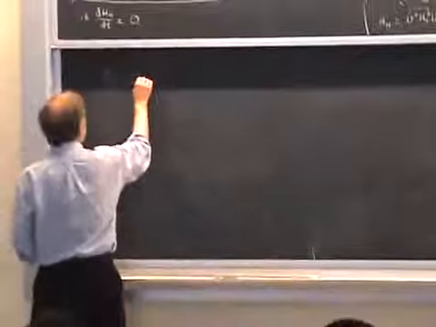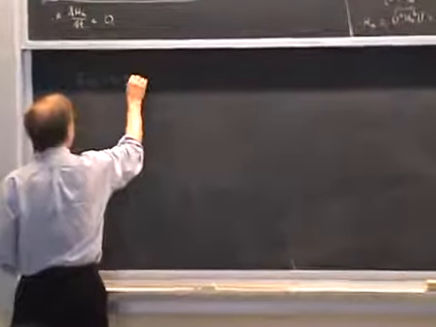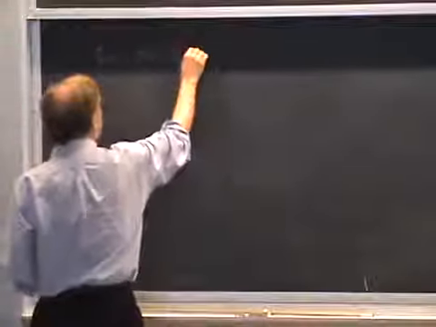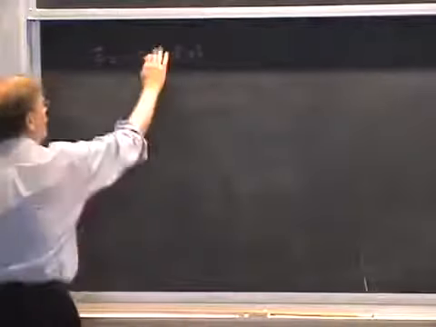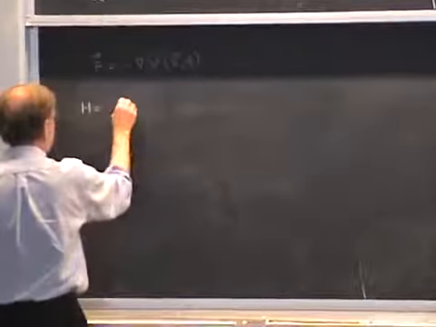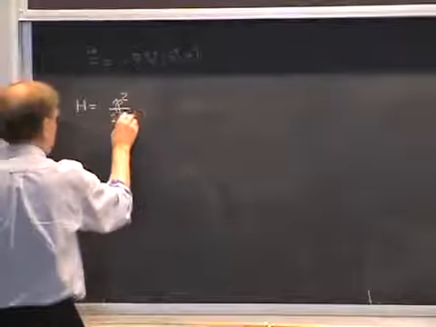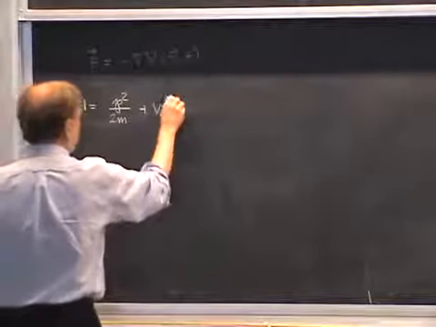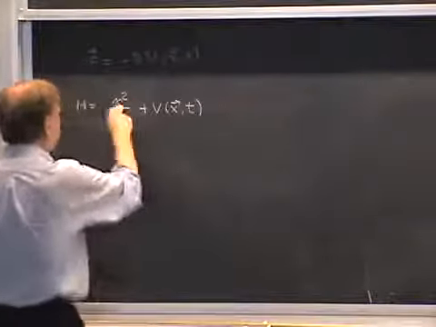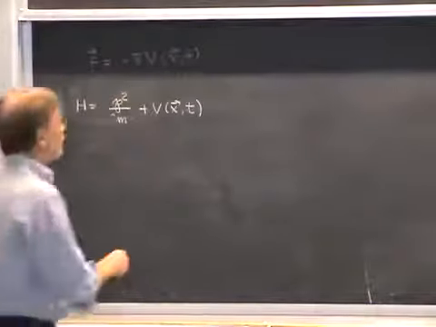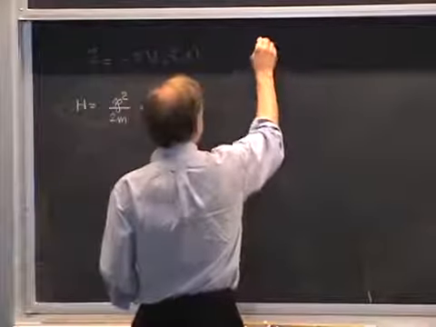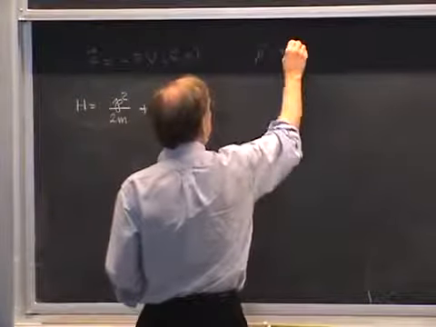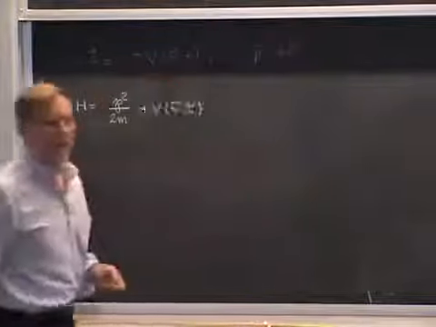If the force on a particle is derivable from a potential, as minus the gradient of the potential, which may depend on time, as I've explained a few minutes ago, then there is a classical Hamiltonian describing the system, and it's the sum of the kinetic energy plus the potential energy. And the kinetic energy is written in terms of the canonical momentum P. In a problem like this, the momentum P is the same thing as m x dot, or mv.